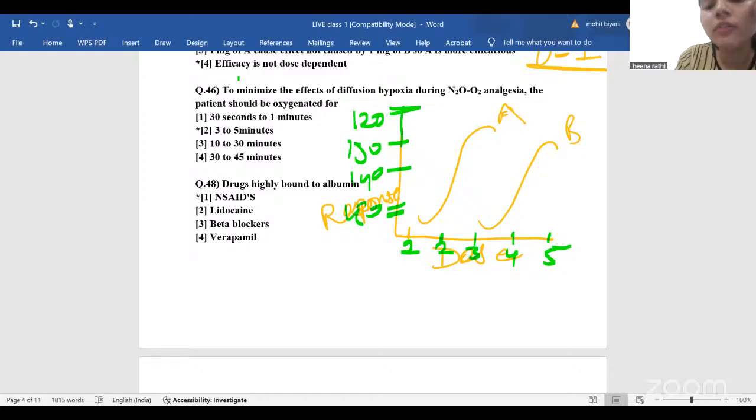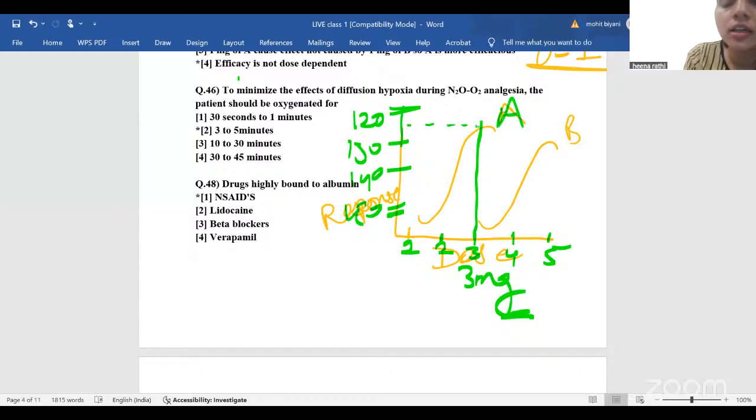When we have given this drug at a dose of 3 milligrams, drug A is able to have the response of 120 mm Hg at the 3 milligram dose.